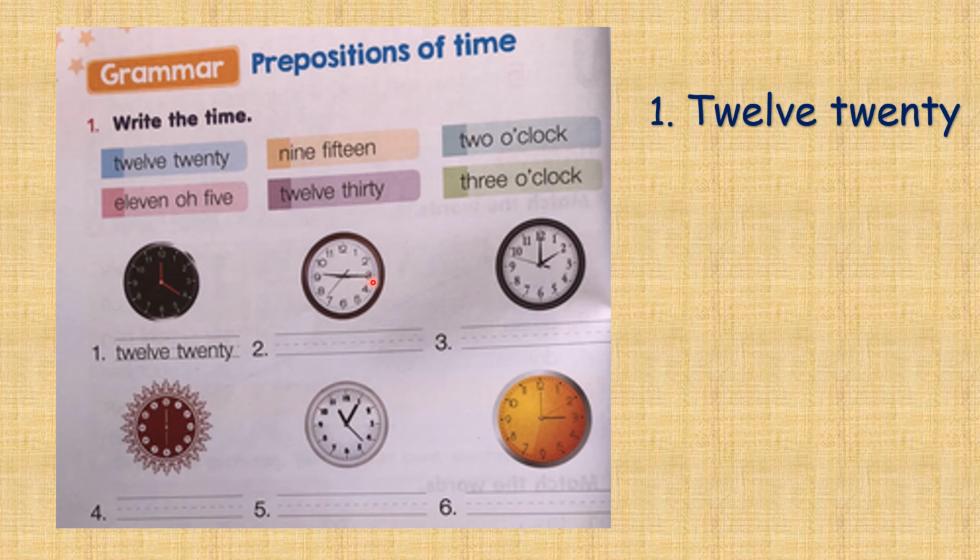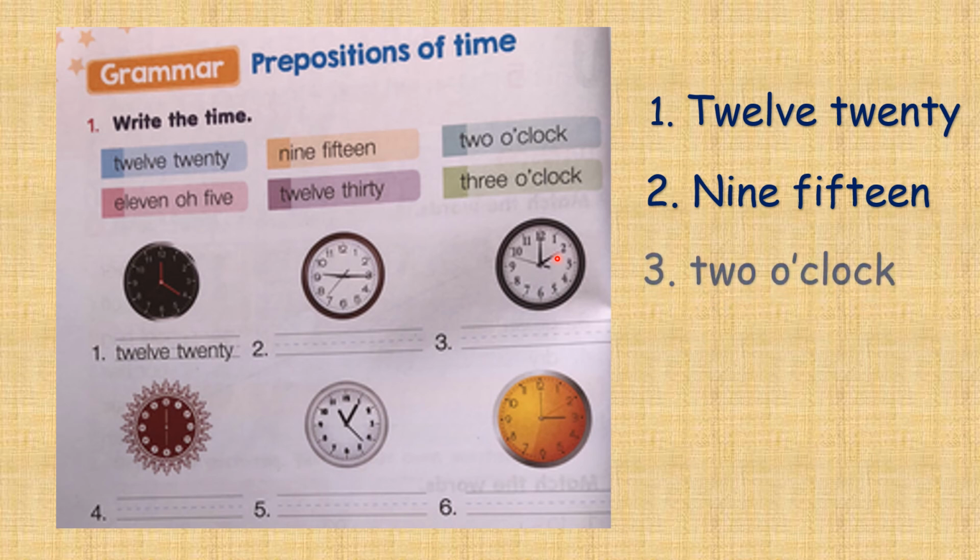So that means this is 9:15. Next, number 3 clock. The shorthand is facing number 2, and the long hand is facing number 12. So that means this is 2 o'clock.